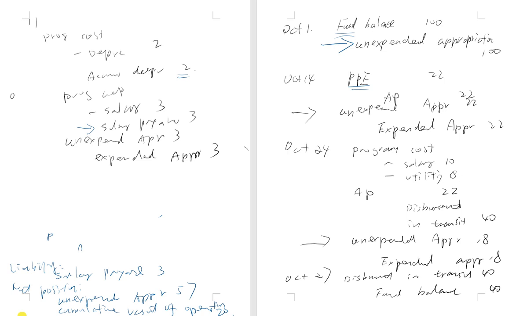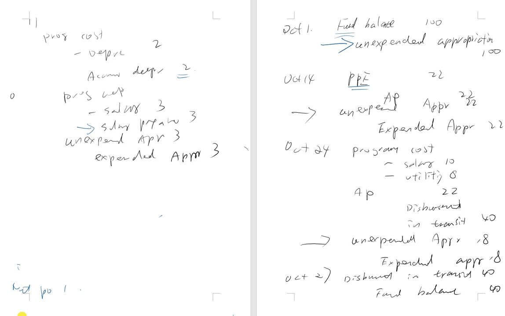Next, we move to the statement of net cost. The statement of net cost reports all the costs. So what costs do we have? We have program cost, basically.